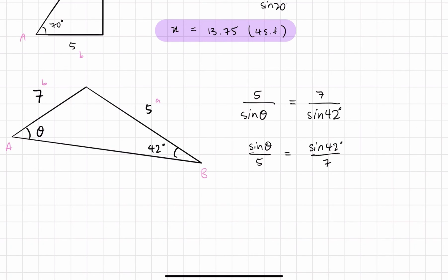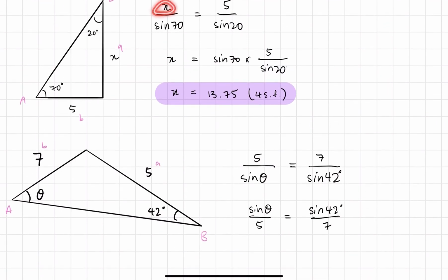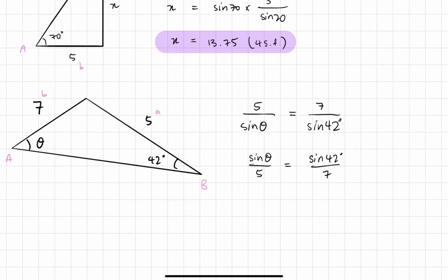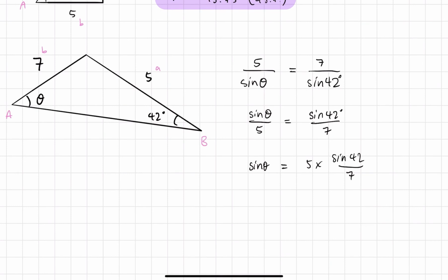Because if it's on the numerator, then we can just multiply the denominator over and get the answer straight away. So the last thing we can do is sine theta is 5 times sine 42 on 7.